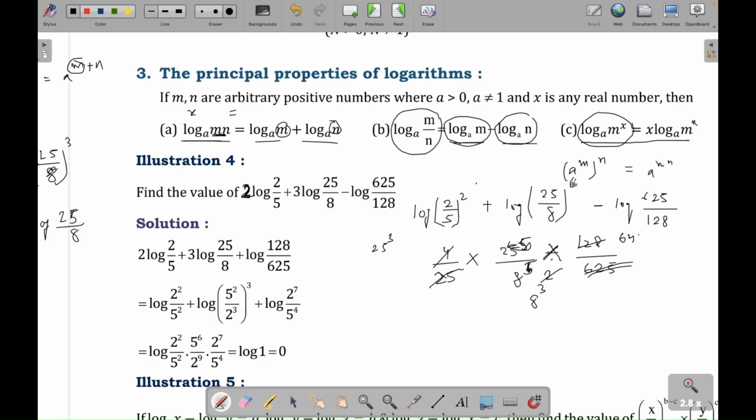Instead of 6, it should have been 3. So 25 upon 8 to the power 3, not 6. Because it is 3 log 25 upon 8, it will become log of 25 cube upon 8 cube. Okay, is this part clear? Now if we divide, then we'll get 1, because we ended up with 25 upon 8 cube, which was the extra part that we wrote.